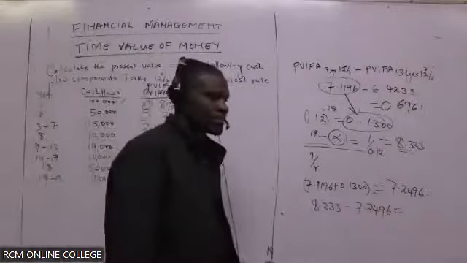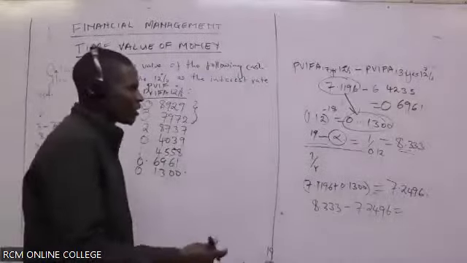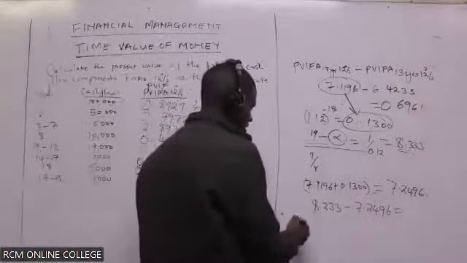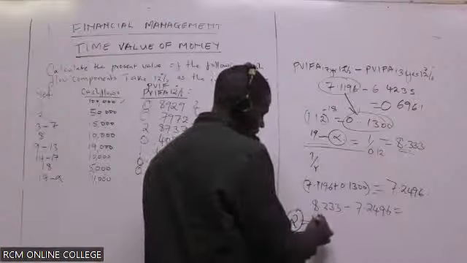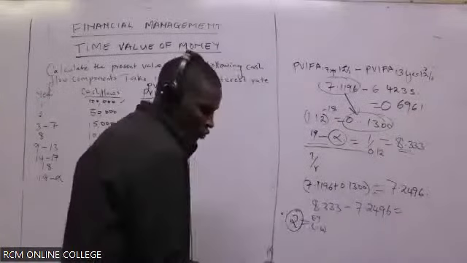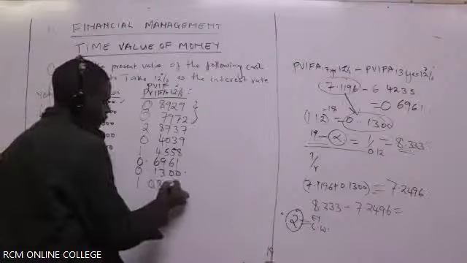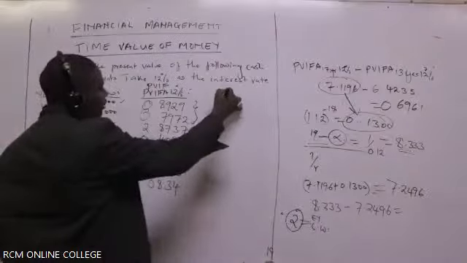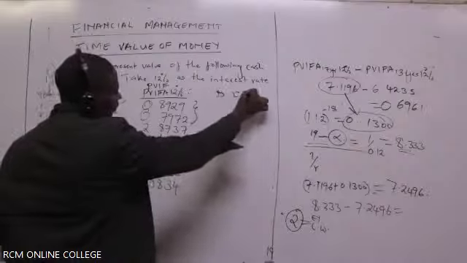As simple as that. And this one I want you to practice. We said you should have two books, one for exercise and the other for classwork. 1.0834. Please now, can you go and get us the discounted cash flow?